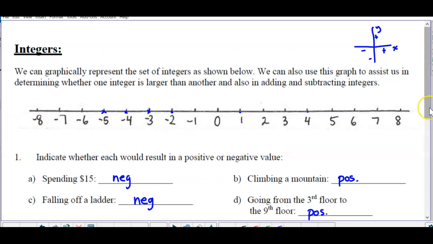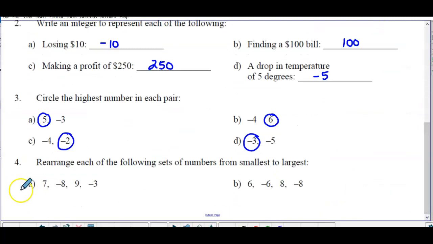Okay, it goes further, but that's the lowest on our number line. So that's what we'll start with. And then -3. And then your positives in order. Okay, here we've got two positives, two negatives. Again, -8 is the smallest, then -6, then 6, then 8. When you look at your number line, you're going right for each of those values.